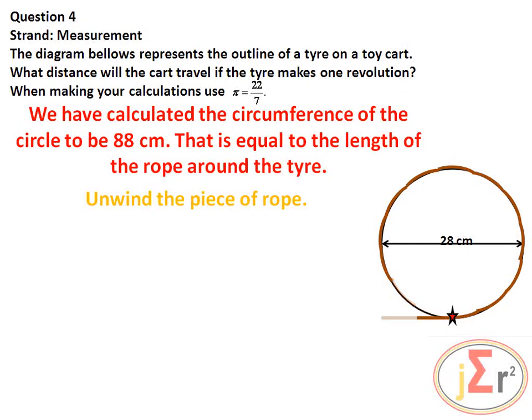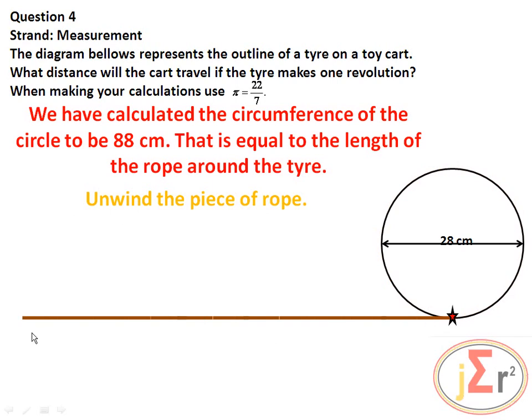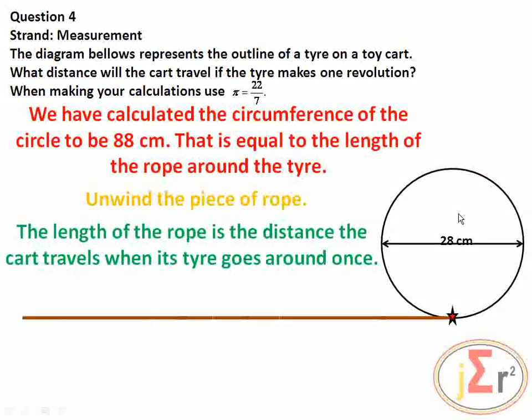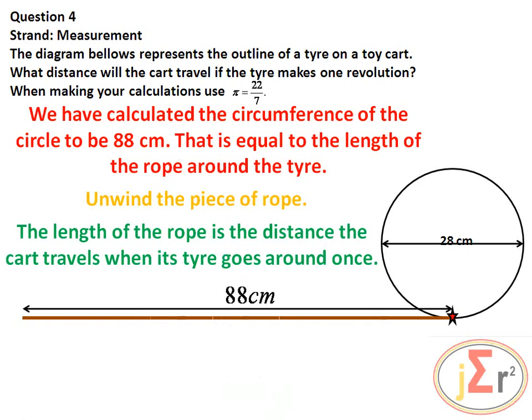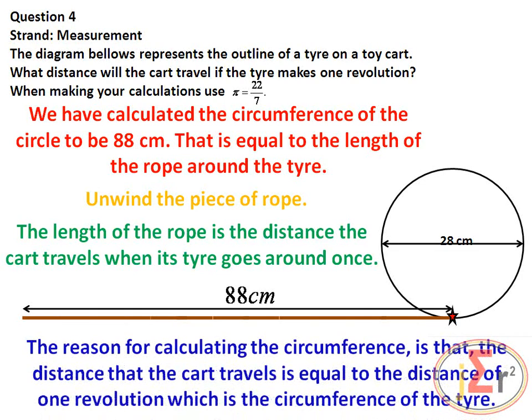Unwind the piece of rope. When we unwind the piece of rope, like we do right there, then this distance will be the length of the rope, and it will be the distance that the car travels in one revolution. The length of the rope is the distance that the cart travels when its tire goes around once, which is one revolution, and that is our distance traveled by the wheel, which is 88 centimeters.